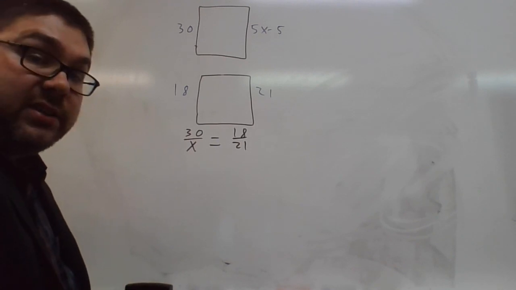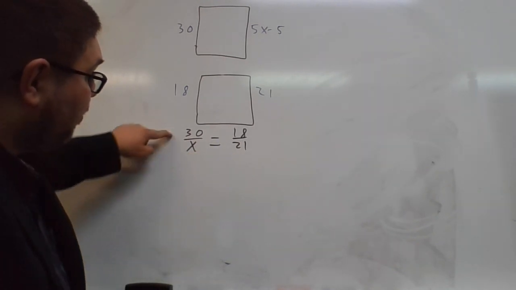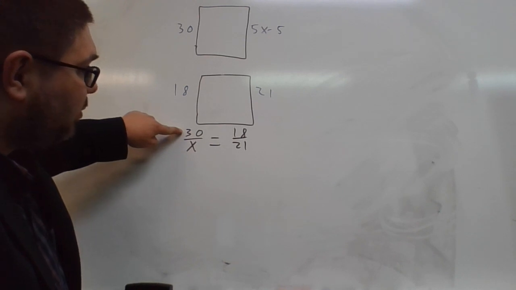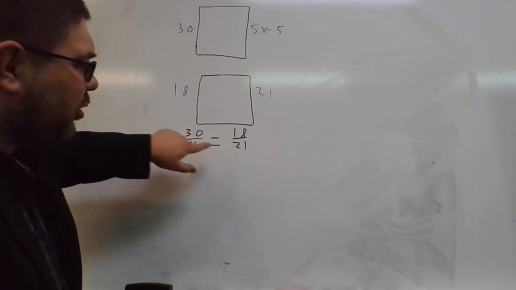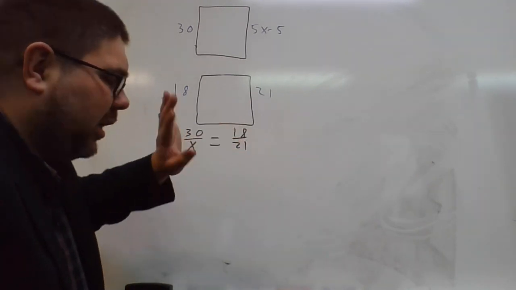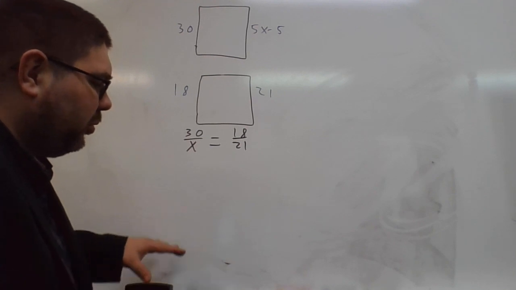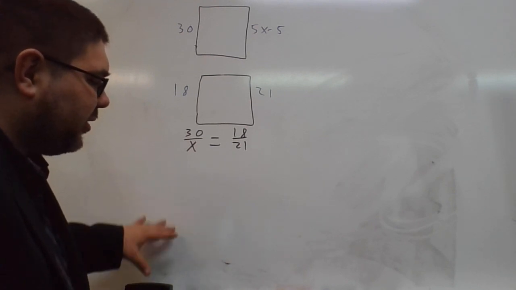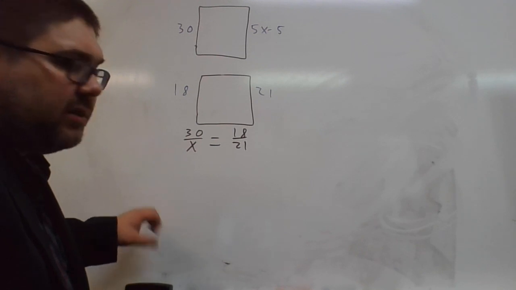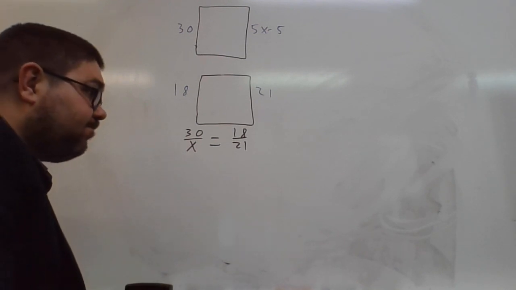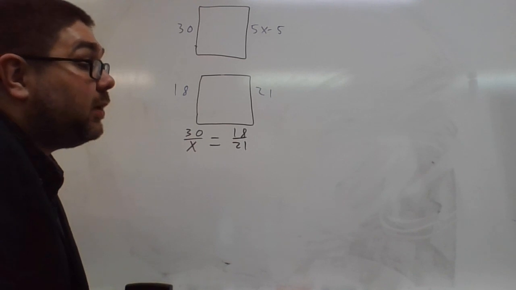Two ways to do this. You could multiply both sides by 21, misspoke, you could multiply both sides by 30 and then divide by 18.